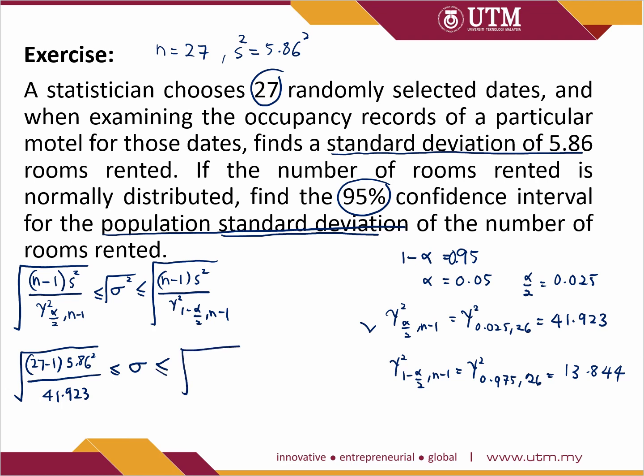And then here we have 27 minus 1, and this s squared is 5.86 squared divided by 13.844. Now we solve this, and you can see that the 95% confidence interval for the population standard deviation falls between 4.62 and 8.03.